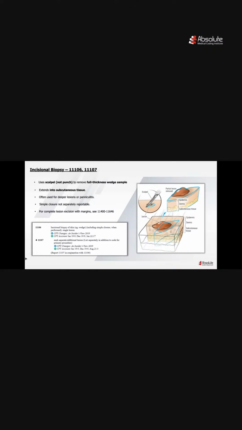And this makes it ideal for deeper lesions or conditions like panniculitis. Now, the purpose of incisional biopsy is also diagnostic, okay, similar to the other two. And here also, a simple closure is usually performed, but it is not reported separately. That means simple closures are also included in these codes, and we won't report them separately.